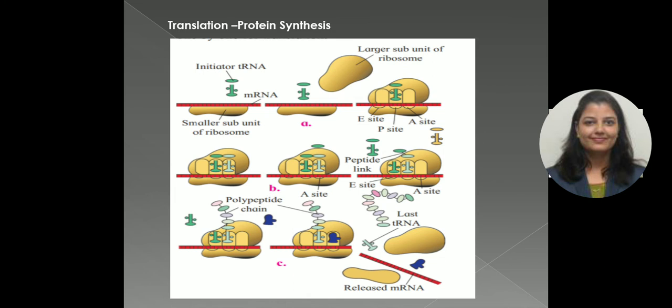Then the release factor binds to the stop codon, thereby terminating the translation process. In the third picture you can see that termination happens and the mRNA and polypeptide are released in the cytoplasm.